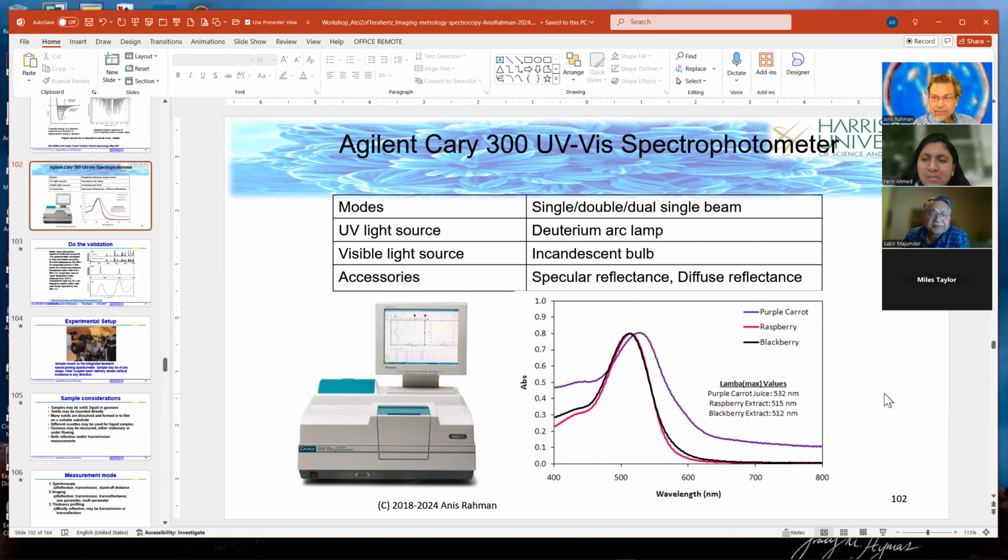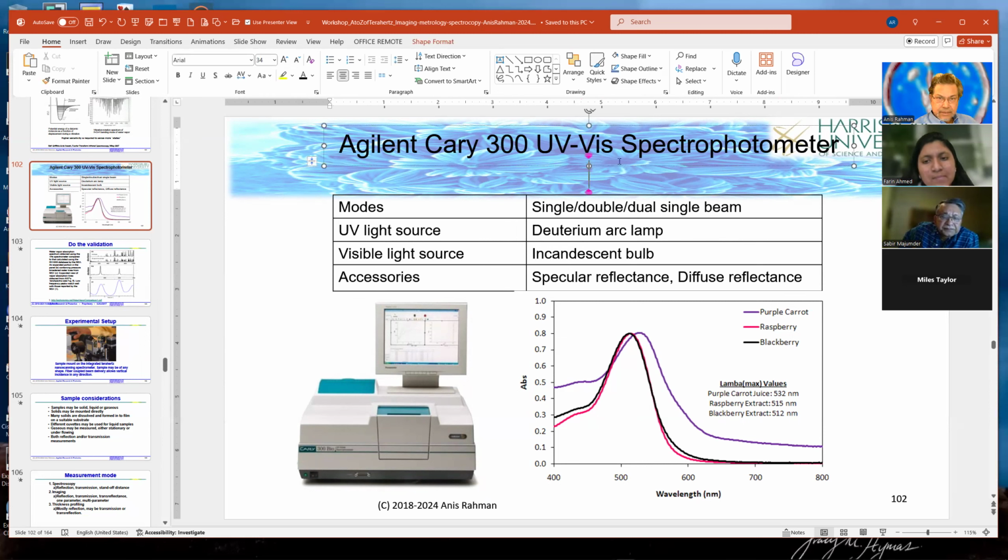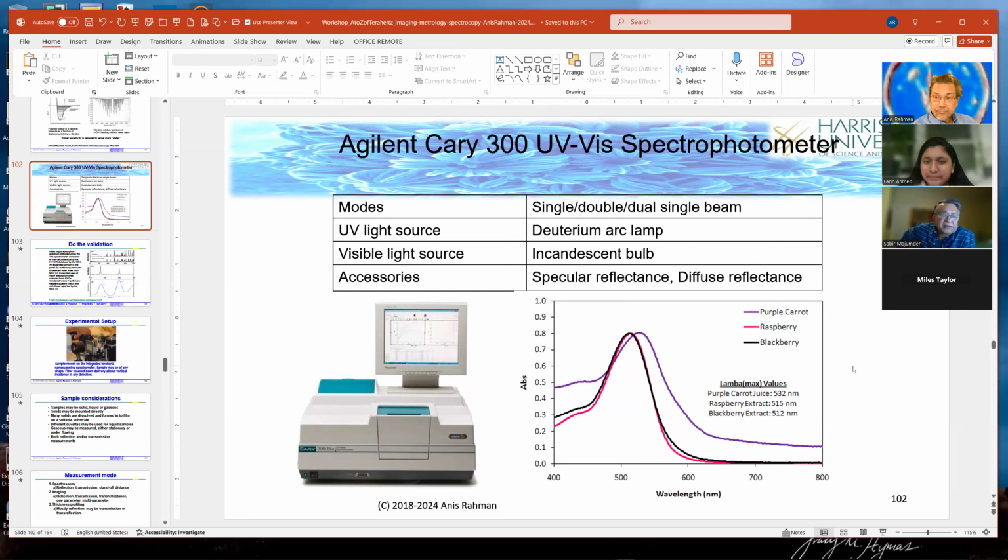So I'm not absolutely sure. What they're saying is that they have a UV light source, a visible light source, a deuterium arc lamp, an incandescent bulb, all different kinds of things they try to compare. So basically, this is a commercially available spectrometer. Sure, I got it. Never mind. Thank you.